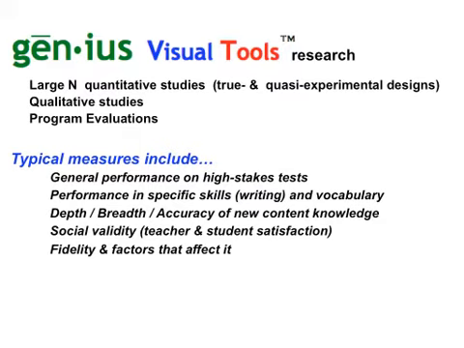In other words, how much new science do students understand when these tools are used, or how much new knowledge of history, etc. We've also looked at the social validity, which is basically how much do teachers and students really value these tools. And we've also examined fidelity and factors that affect it. In other words, when teachers are attempting to use this in the day-to-day classroom environment, what are the various factors that affect their ability to use these effectively?